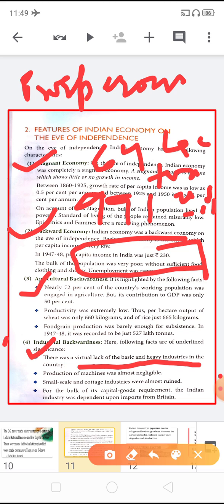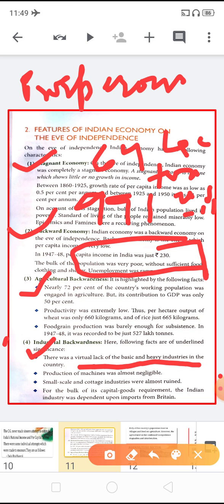Second, the production of machines was almost negligible. Children, you all know in ancient times we did not have capital goods, and because of the lack of capital goods, there was industrial backwardness everywhere. Next, the small scale and the cottage industries were almost ruined.